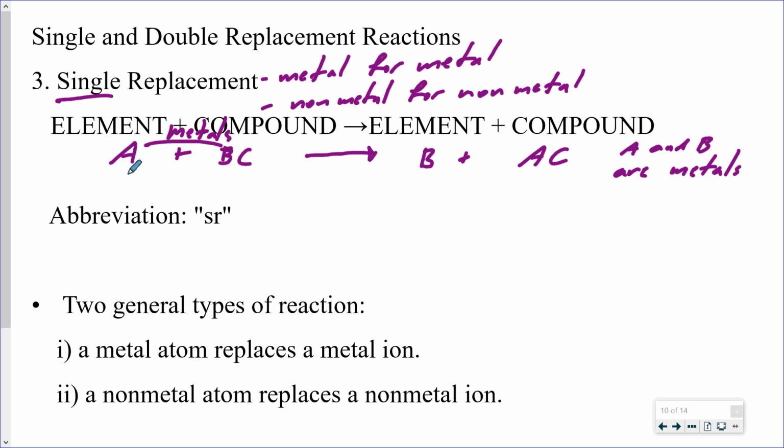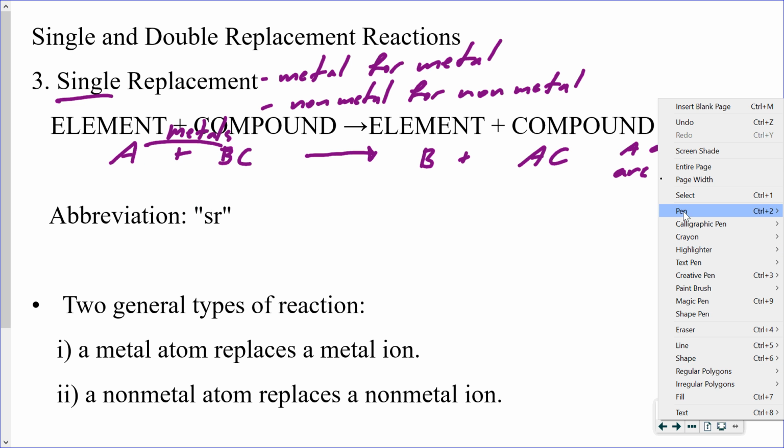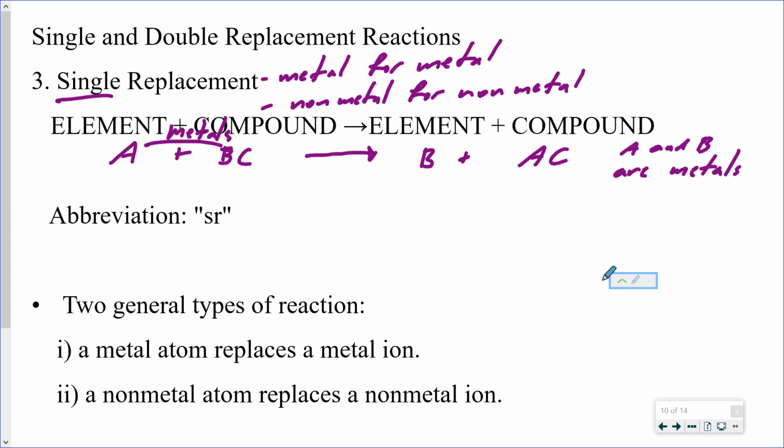But it is possible that A is not a metal. So let me just grab a different color here. So it's possible that we could have A plus B and C. But now we're going to flip around these two here, and those are the nonmetals. So what you have on your own is not a metal, it's a nonmetal.